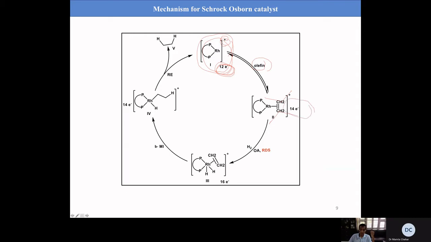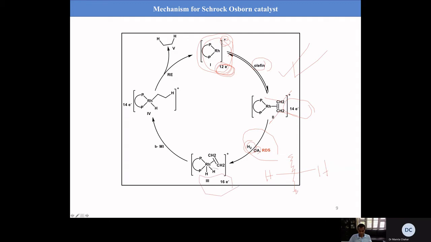A 12 electron species becomes a 14 electron species. Olefin coordination is pretty easy, and then usually it is found that since a 14 electron species is not really a very electron-rich system, oxidative addition, that means addition into the hydrogen sigma bond, becomes the rate limiting step.